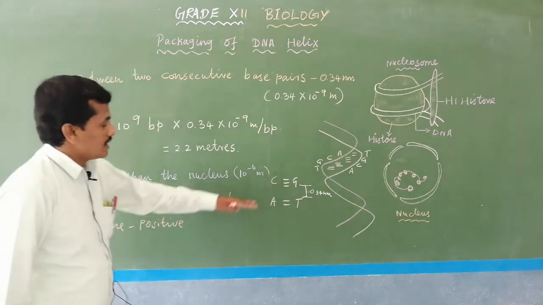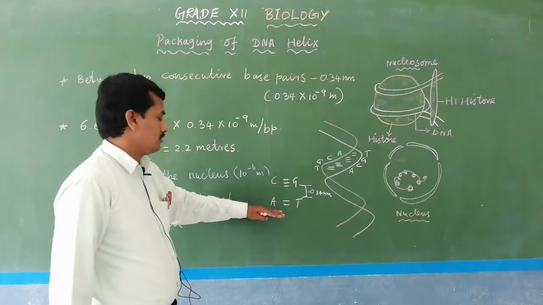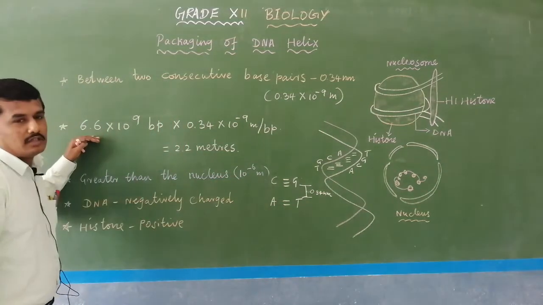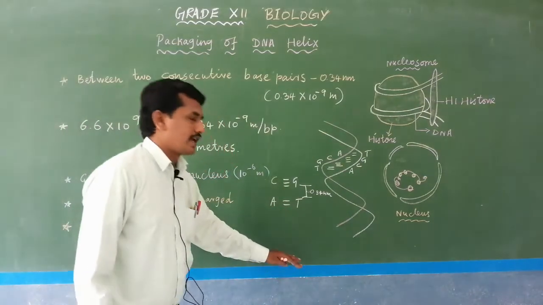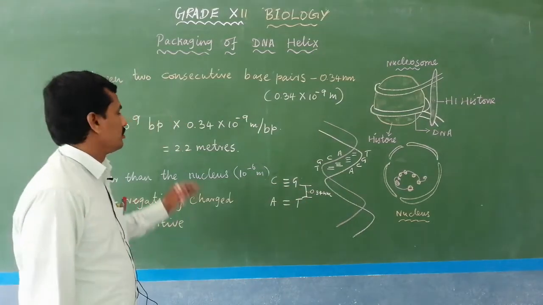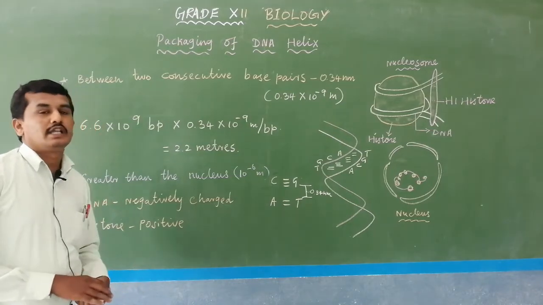Each base pair is 0.34 nanometer, and we know the number of base pairs in diploid content is 6.6 into 10 to the power of 9. Multiplying, we calculate around 2.2 meters of DNA.